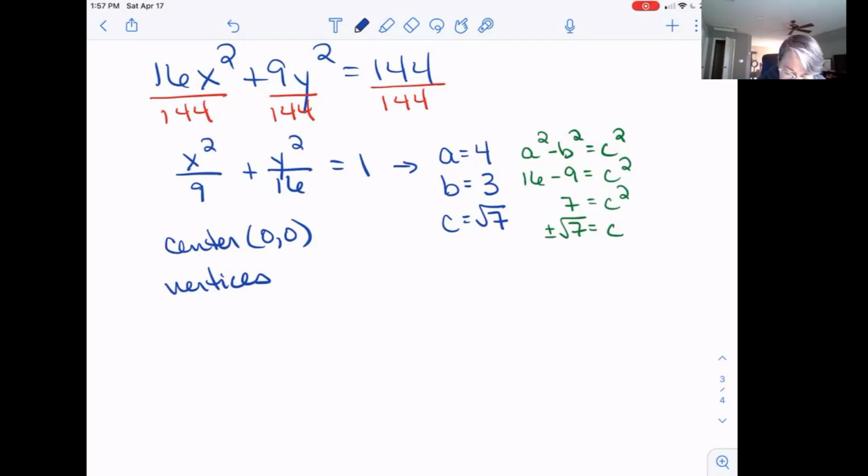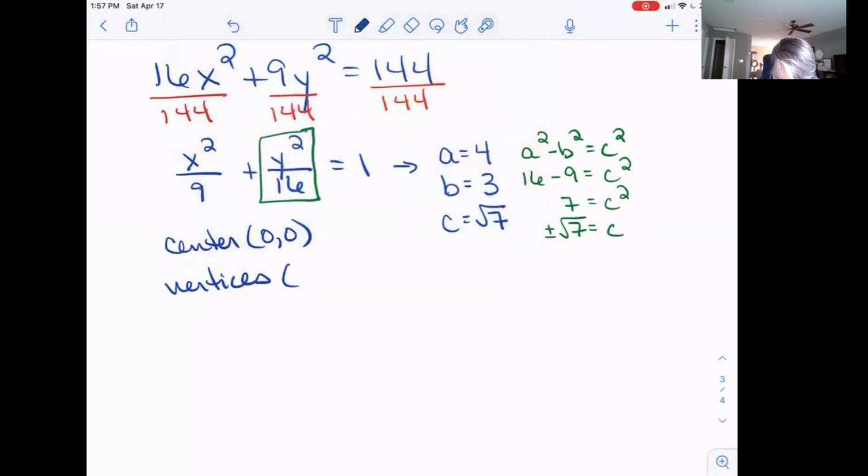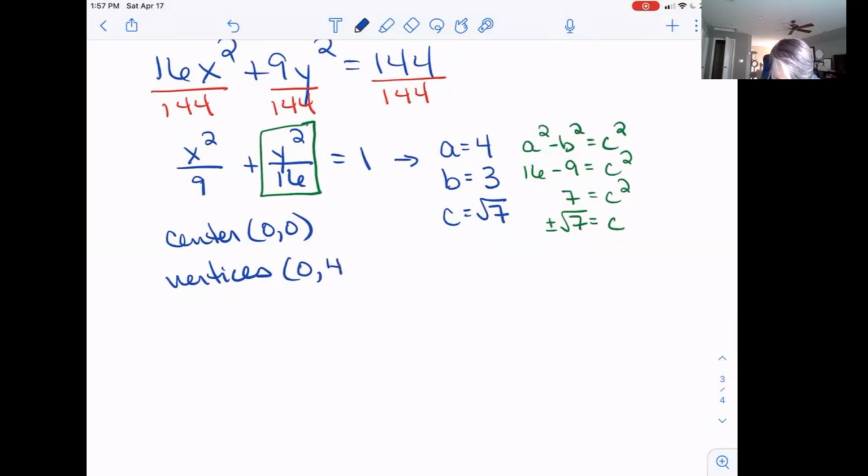Well, we look to see where our larger denominator is. It's underneath the y, so that means we go up and down. So for our vertices, our x is going to stay the same, but we're going to go up 4 units on the longer axis, the major axis, and then we're going to go down 4 units from the center, and those are our 2 vertices.